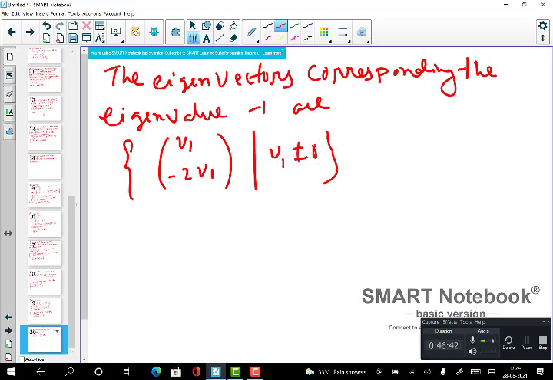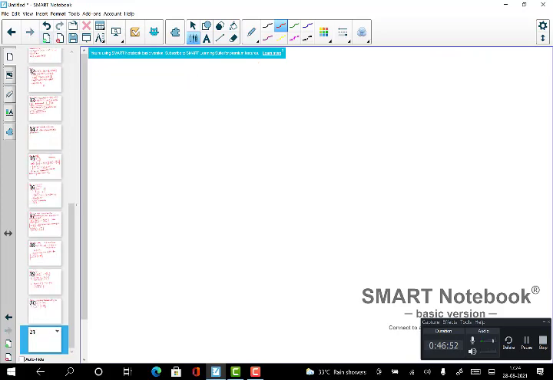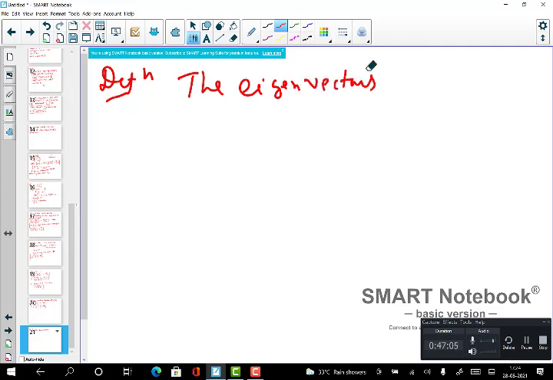Now, whatever eigenvalue you choose, the eigenvectors corresponding to the eigenvalue always form a subspace. Definition: the eigenvectors corresponding to it.